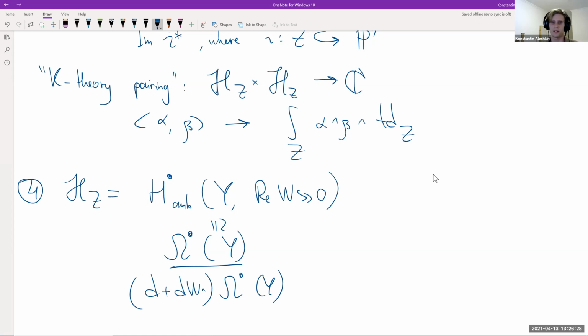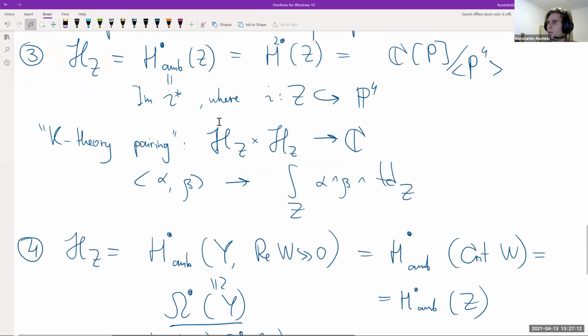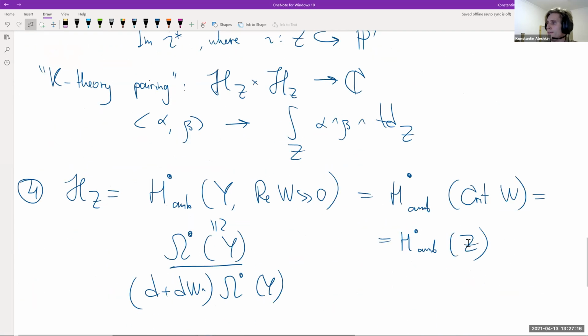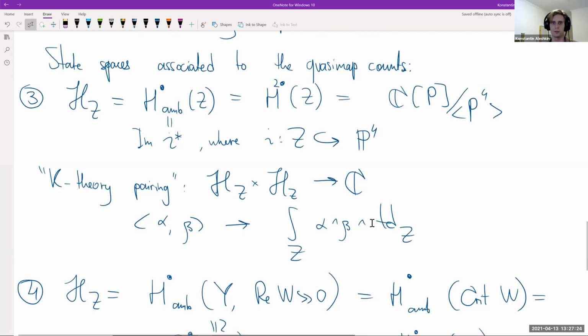And by the usual argument, like the old story where one can use supersymmetric field theories to prove theorems from Morse theory, one can argue that this should be equal to the cohomology of the critical locus of W on Y. And the critical locus of W is just Z. All the pairings, particularly the pairing that we're going to use, are preserved by this isomorphism. So basically we don't need to distinguish between 3 and 4 too much.